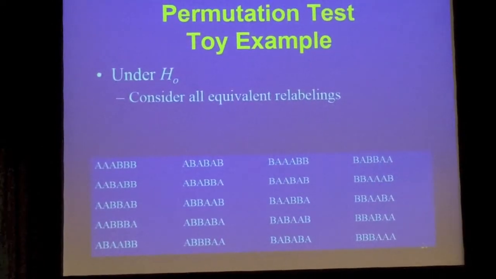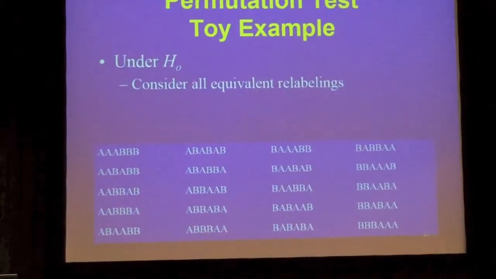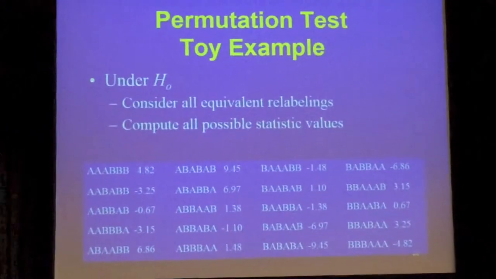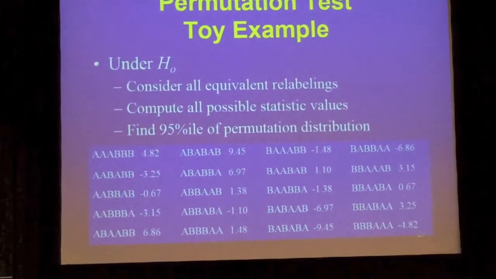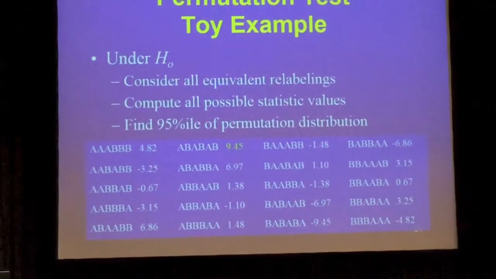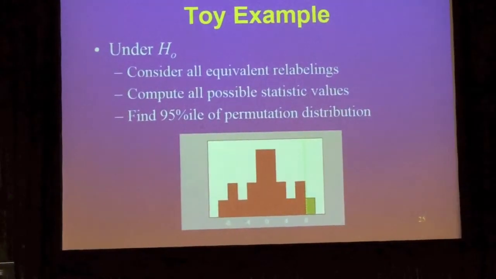Under the null hypothesis, we can consider all equivalent relabelings, and using combinatorics, we can write them out this way, then compute all possible statistic values and find the 95th percentile of the permutation distribution. And here they are.